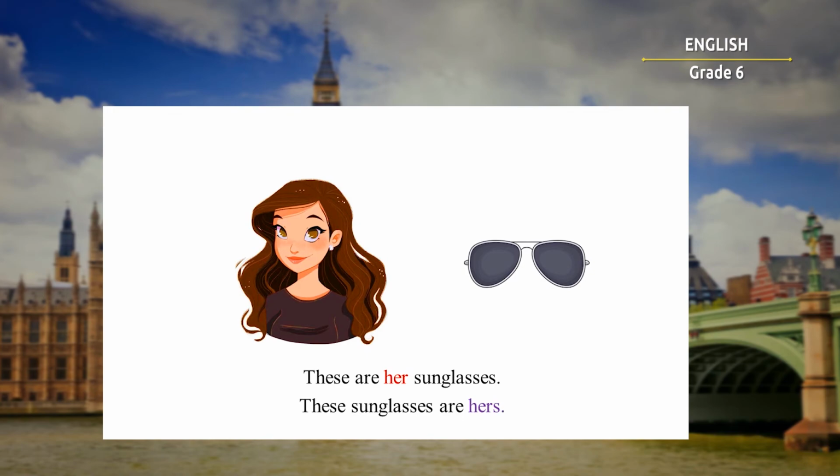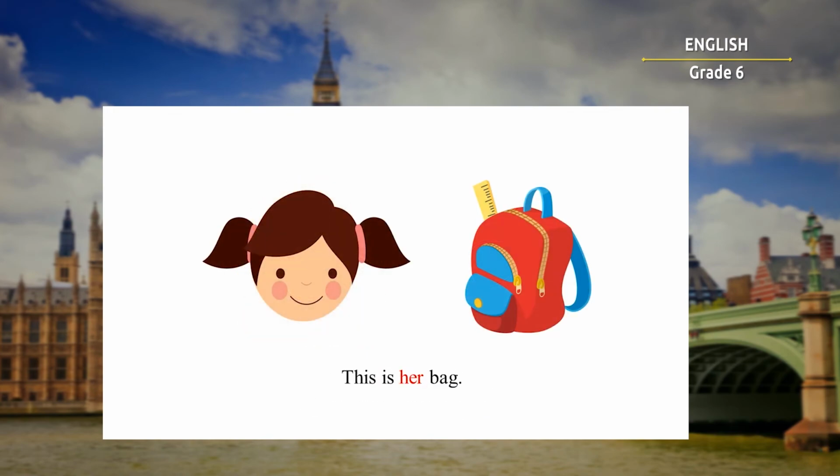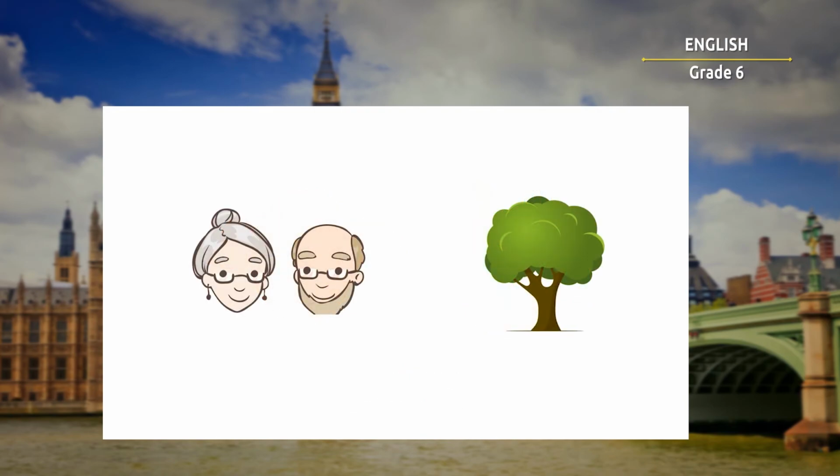These sunglasses are hers. This is her bag. This bag is hers. This is their tree. This tree is theirs.